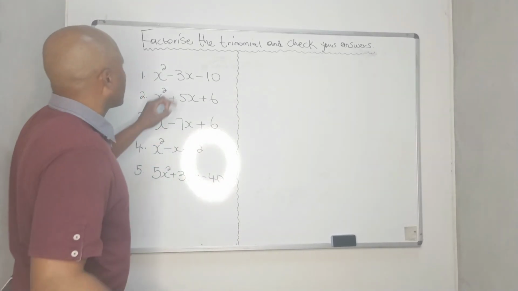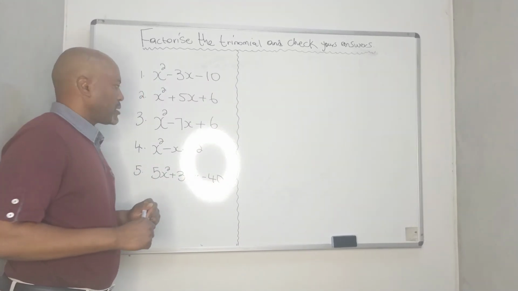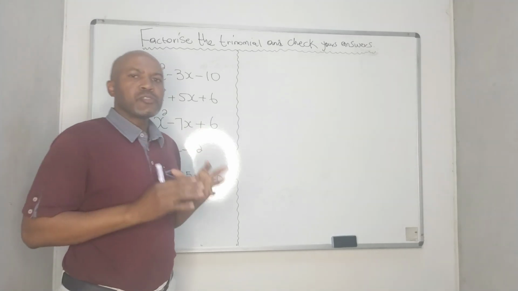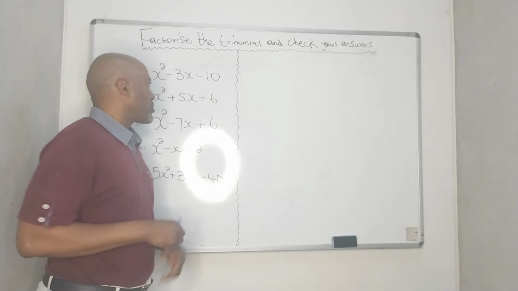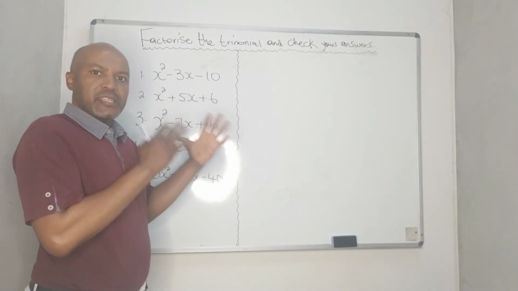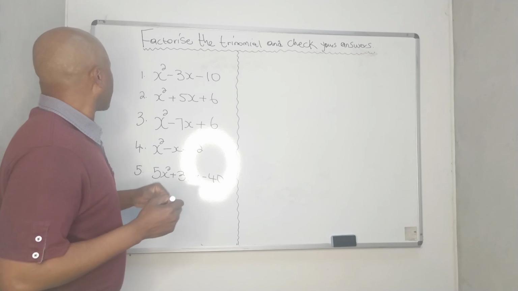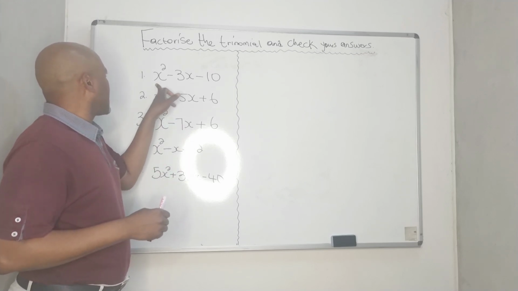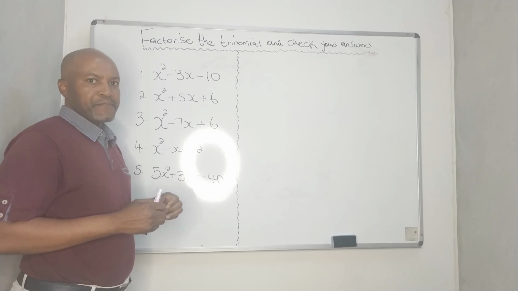It says factorize the trinomial and check your answers. In other words, they want you to prove whether your answer is correct or wrong. So you need to find the solution and thereafter check it. Right, let's begin. Number one says x squared minus 3x minus 10.